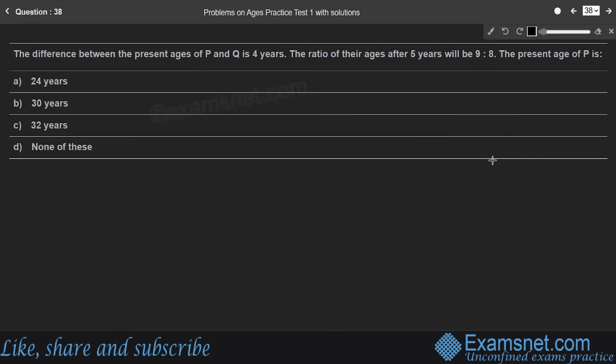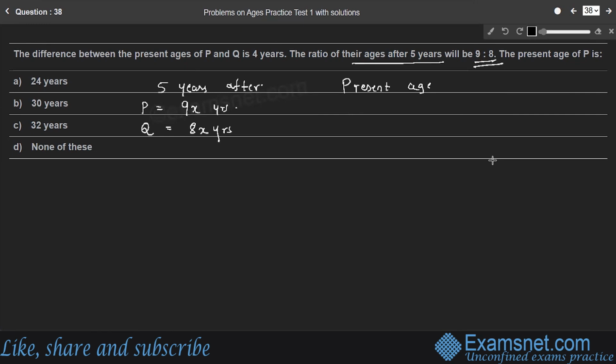We'll directly take their ages 5 years after, right? According to the ratio, it is 9:8, the ratio of their ages. So P's age be 9x years, Q's age be 8x years. 5 years after, their ages will be 9x and 8x.